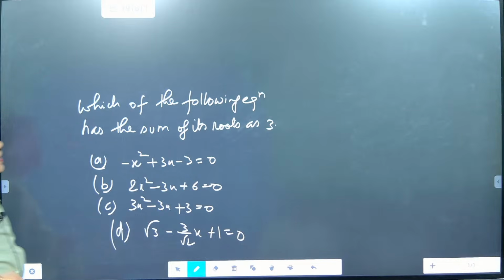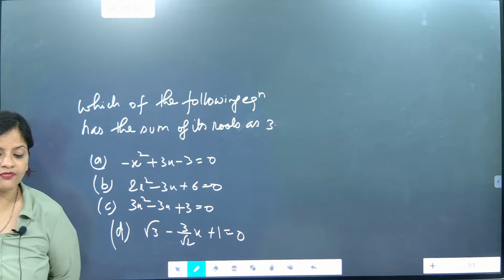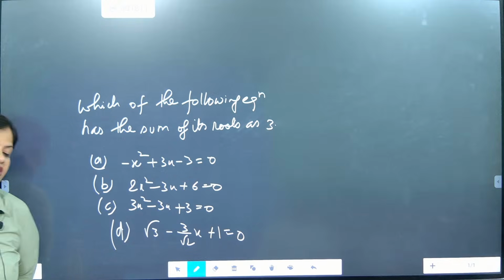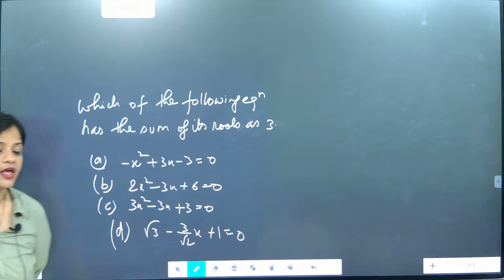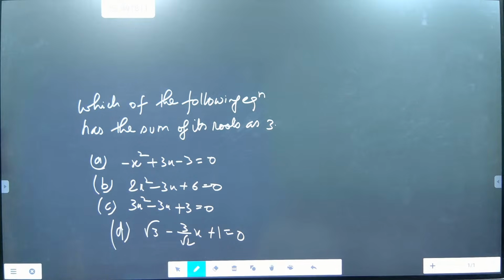Which of the following equations has the sum of its roots as 3? Come on, say the option, because I've given the options. You have 4 options. Anyone will come as the correct answer.